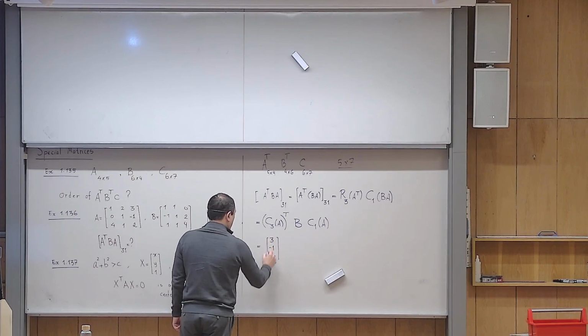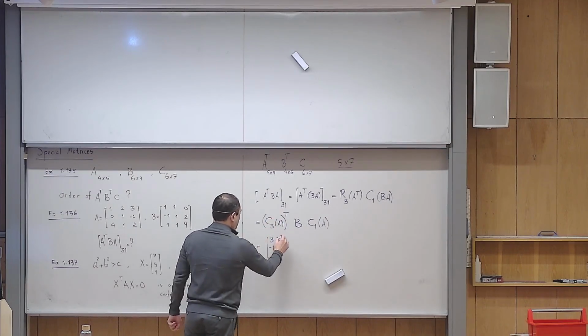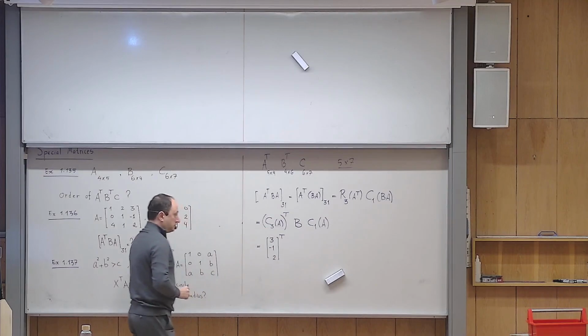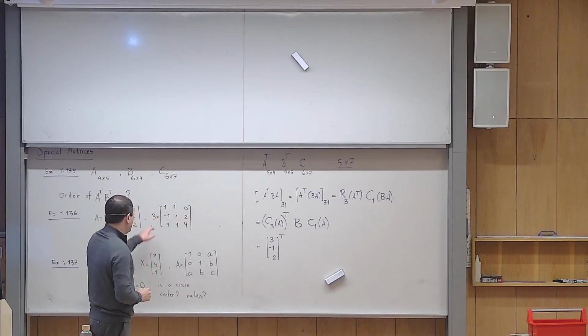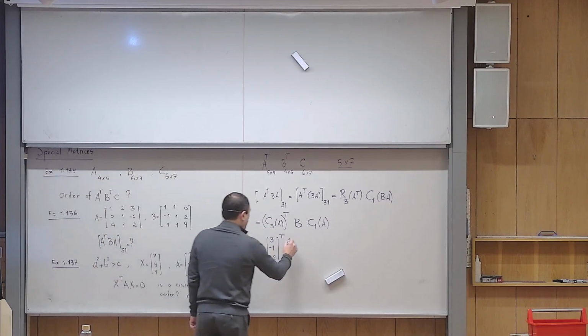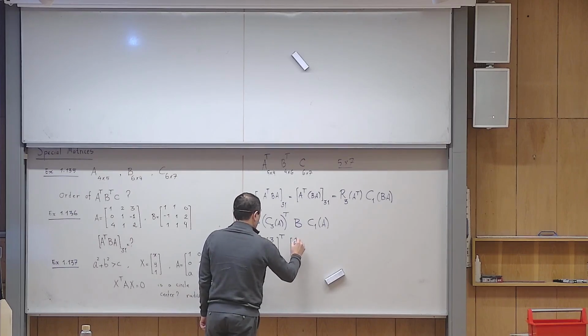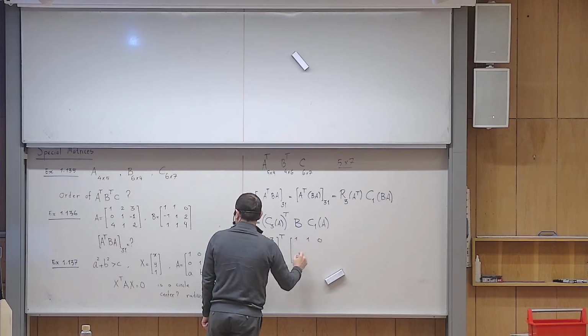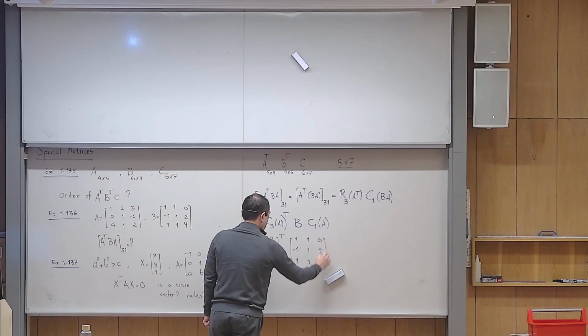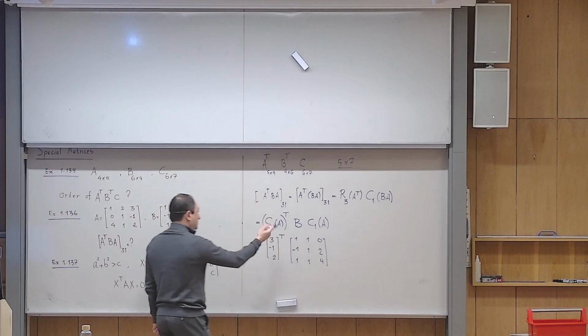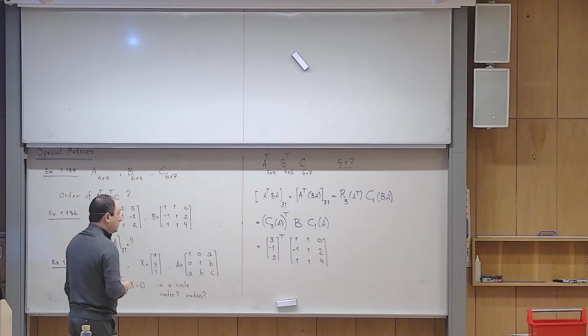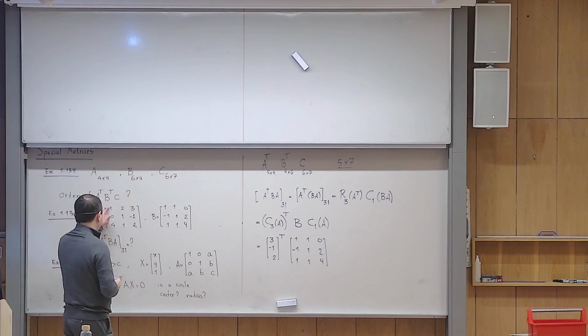But I also have a transpose there. But the whole matrix B has to be written down. So it is 1, 1, and 0, minus 1, 1, and 2, and then 1, 1, and 4. And then you have to multiply it by the first column of A. First column of A is 1, 0, 4.